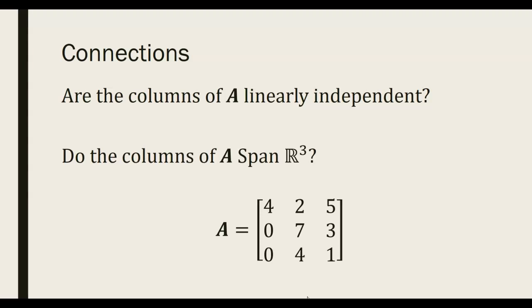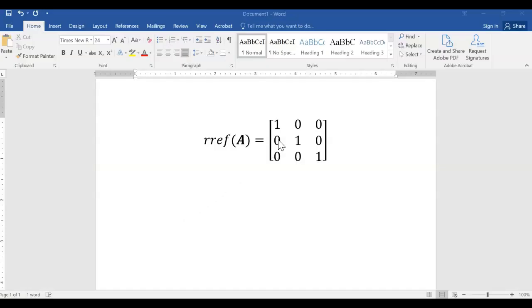Now, if it row reduces to the identity, the identity is going to have 1, 0, 0, 0, 1, 0, 0, 0, 1. And so this is what it looks like. That identity has ones on the diagonal, zeros elsewhere. So are the columns linearly independent?